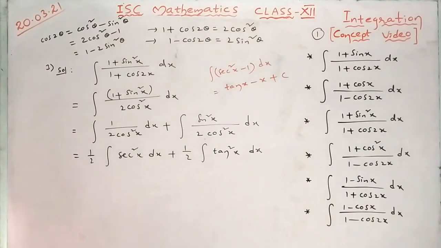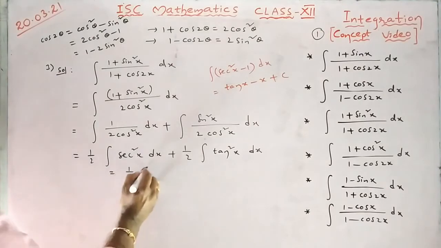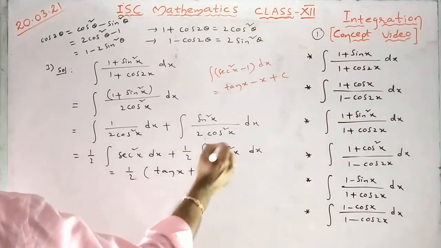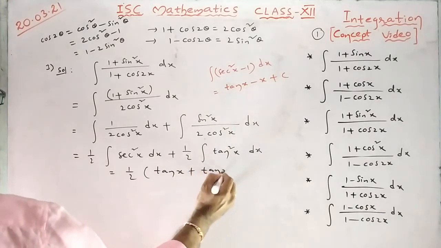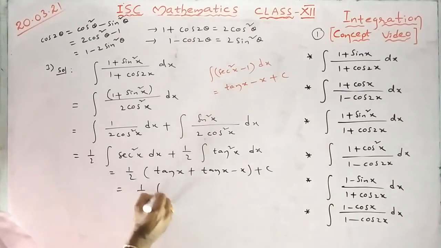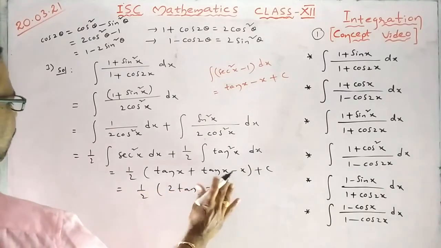So I can write here integration directly. So 1 by 2 keep it out. 1 by 2 secant square x integration tan x. Integral tan square x is tan x minus x plus c. So 1 by 2 of 2 tan x minus x plus c.